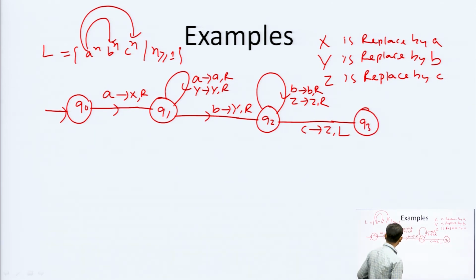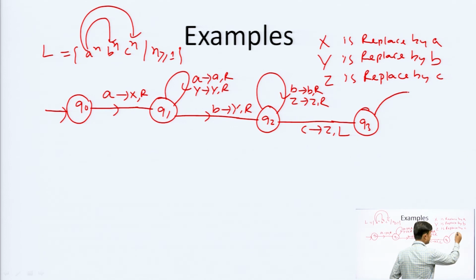So, what we did here: one a replaced with x, one b replaced with y, and on a and b you move right. When we replace c with z, one c replaced with z, then move in the left direction. You have to check that there is a loop in between.